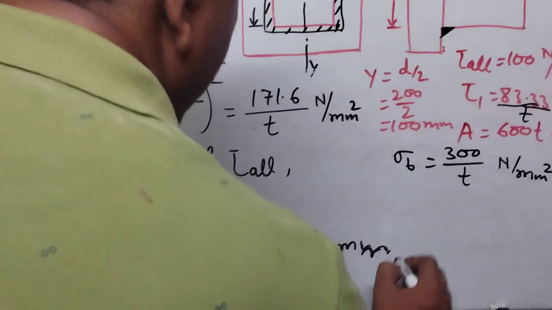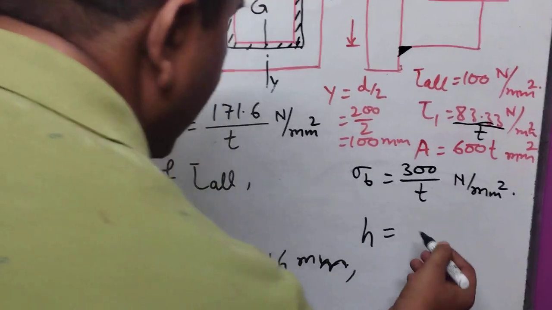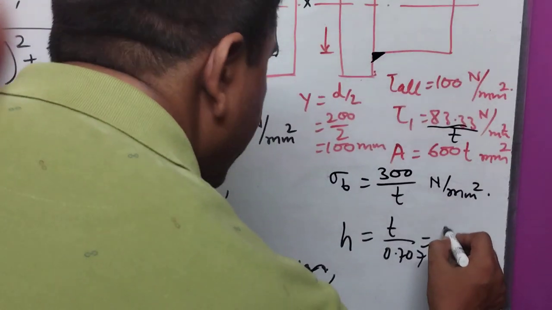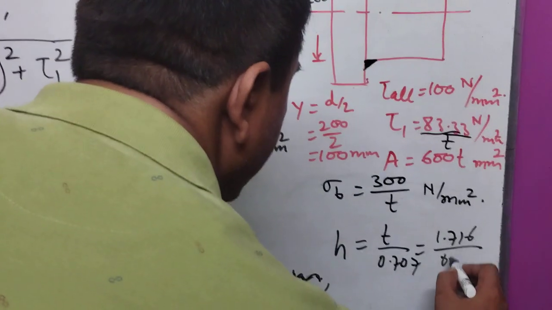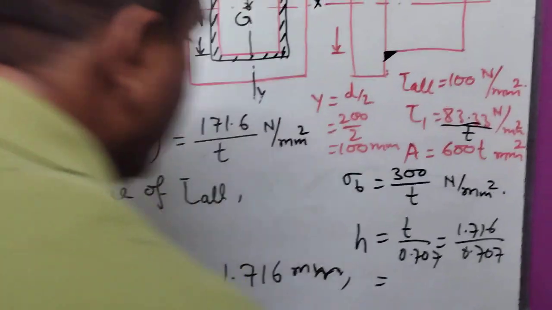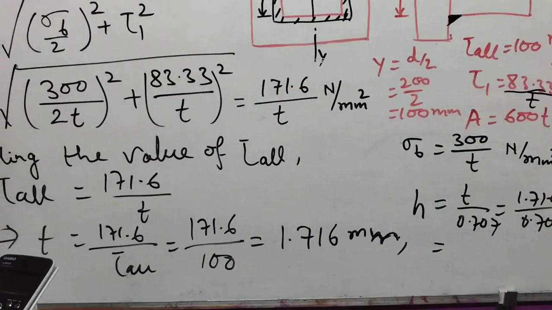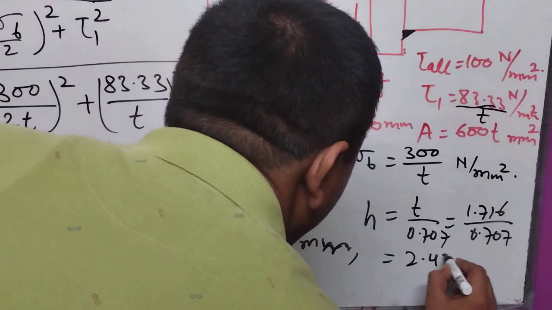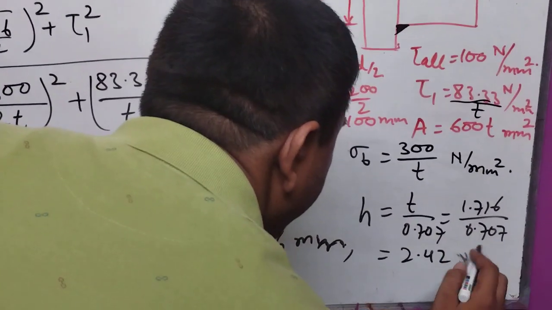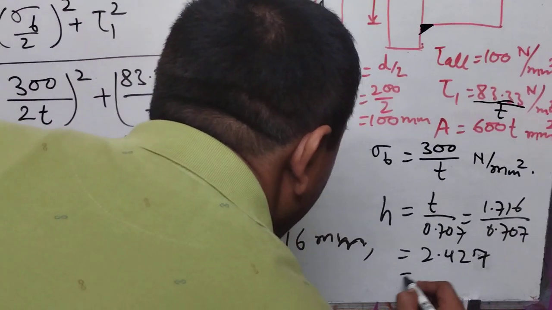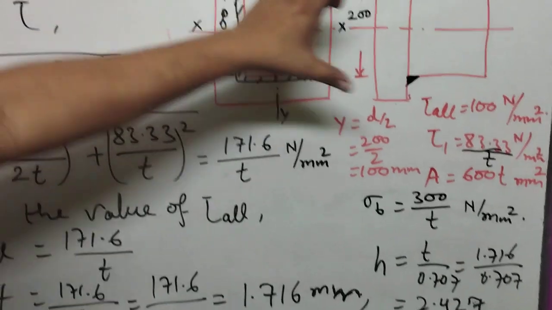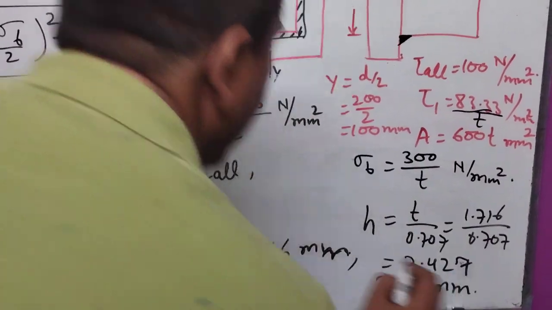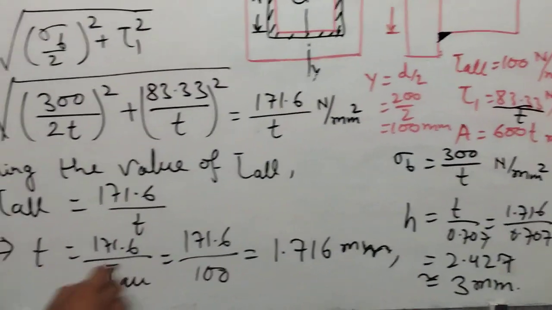In the last step, the leg length of the weld equals t divided by 0.707. Putting the value of t, 1.716 divided by 0.707 gives about 2.427. For safety consideration we take the maximum value, rounded off to 3 millimeter. Then the weld leg length is 3 millimeter, which is the h value, and the throat thickness is the t value. Thank you.